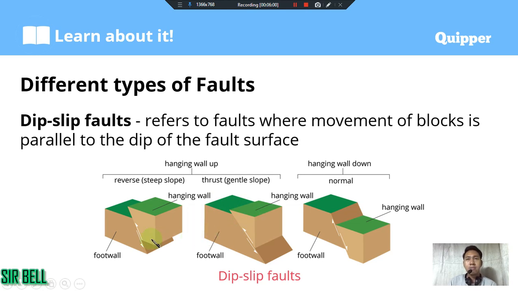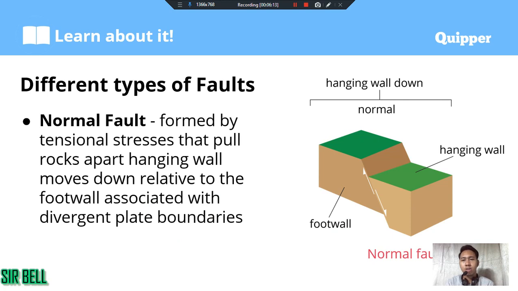Dip slip has three types. The first one is the normal fault. A normal fault is formed by tensional stresses. I already mentioned earlier what tensional is, and this is a type of stress wherein they are pulling away from each other or separating from each other.